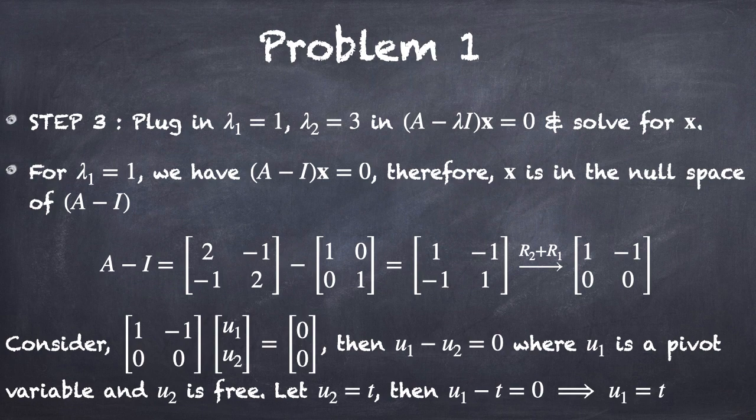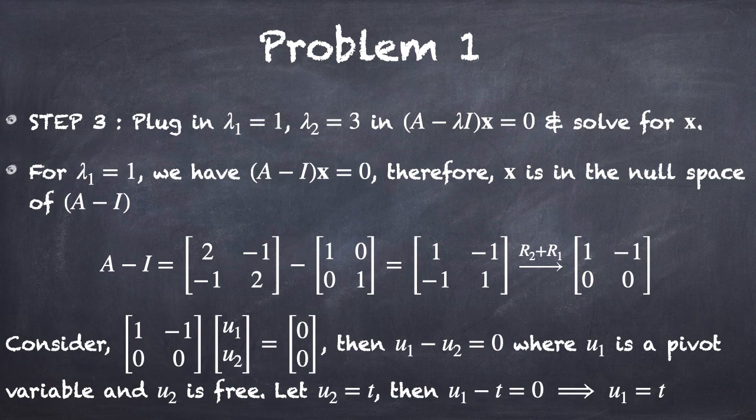So for lambda 1 equals 1, we have A minus I times x equals 0, because we plugged in 1 in the place of lambda. This also tells you that x is in the null space of A minus I.